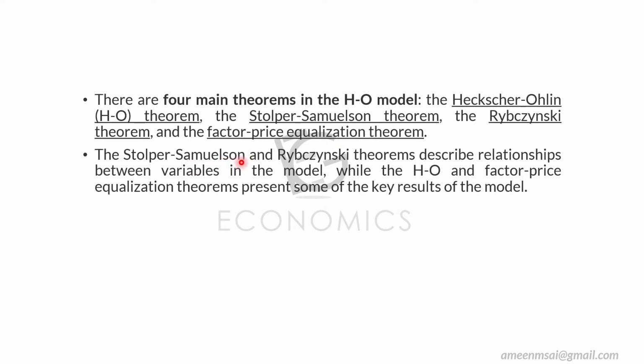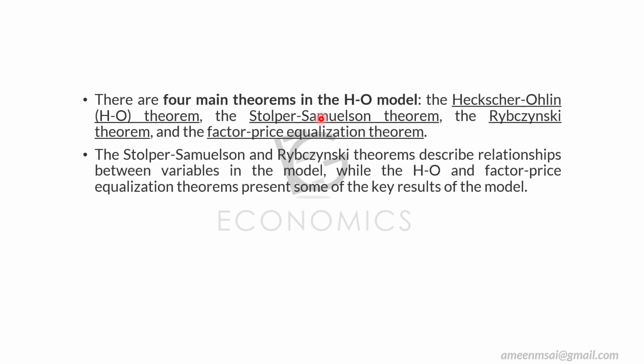The Stolper-Samuelson and Rybczynski theorems describe relationships between variables in the model, while the HO and factor price equalization theorems present some of the key results of the model. In this video we'll be discussing the Heckscher-Ohlin theorem, and in the other videos we'll be discussing each of these theorems.